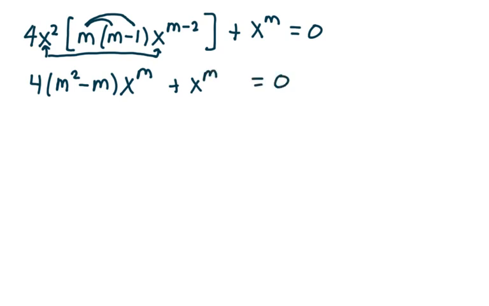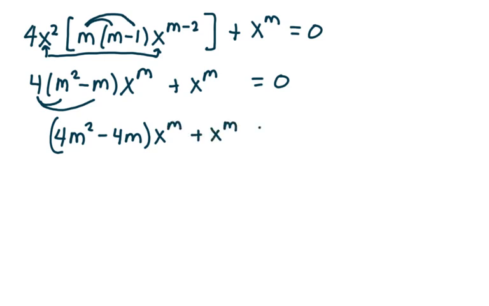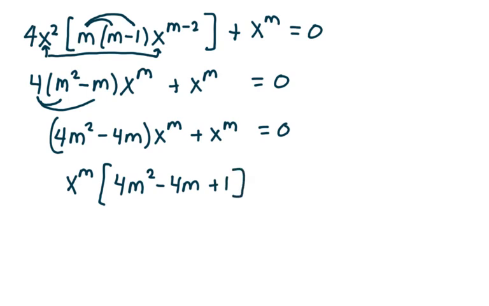I still need to distribute that 4 inside. So when that happens, I get 4m squared minus 4m, x to the m, plus x to the m equals 0. I'm going to factor out an x to the m, and when I do, I get 4m squared minus 4m plus 1 equals 0.